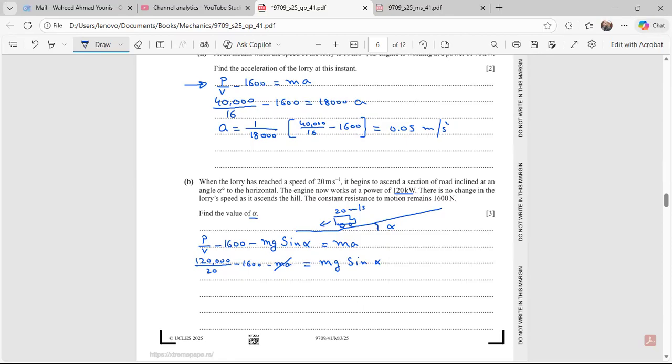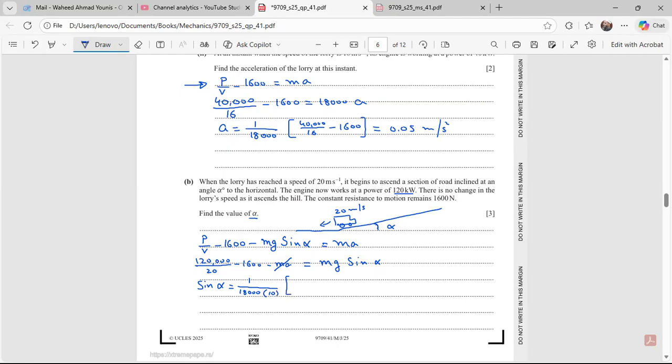So you can see that sine of alpha is equal to 1 over mg. Now m is 18,000, so 18,000 into g, which is 10.